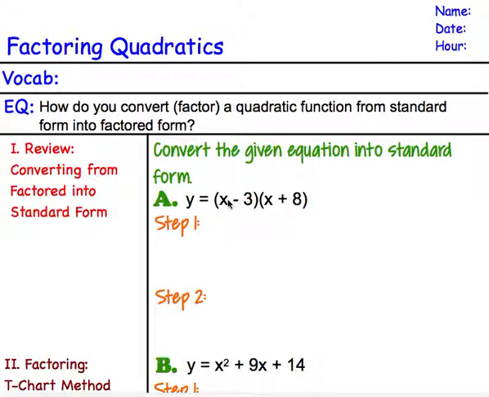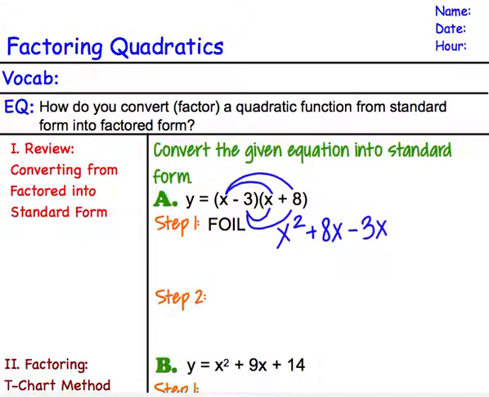Now, if you recall, when we do this, our first step is going to be to FOIL. And so remember, we want to deal with our first, which would be x times x, which is x squared. And then our outer term, which is x times 8, which is plus 8x, times our inner, which is negative 3 times x, or minus 3x.